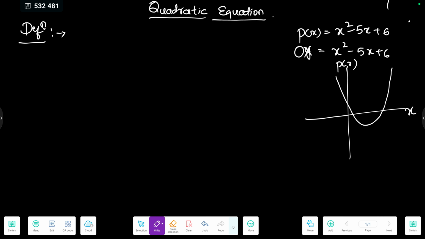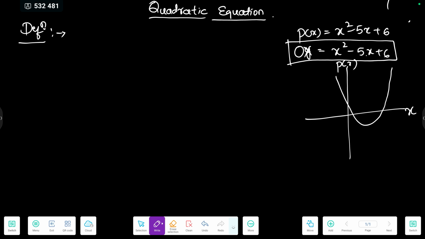For example, put x equals 1 here, 1 square. So what does it mean?